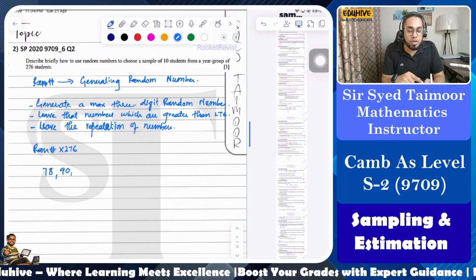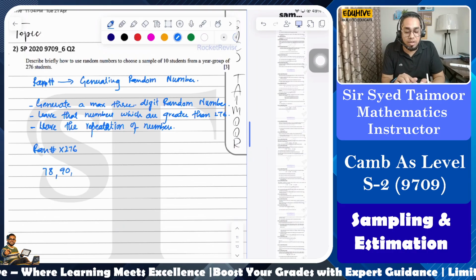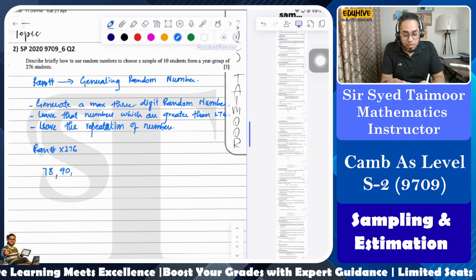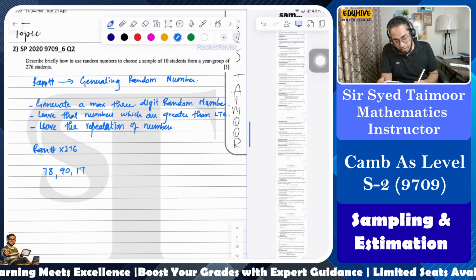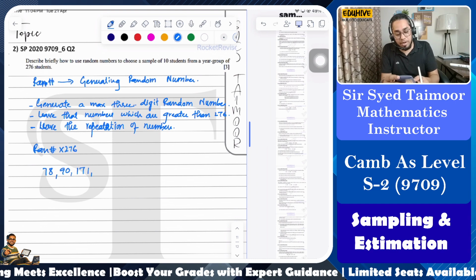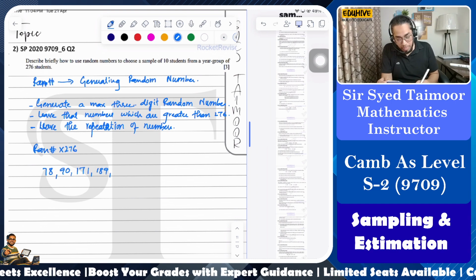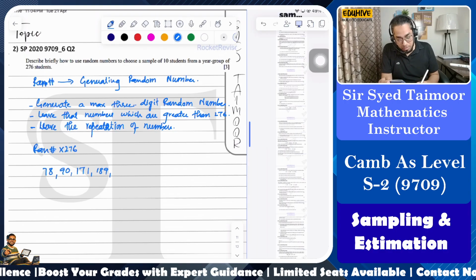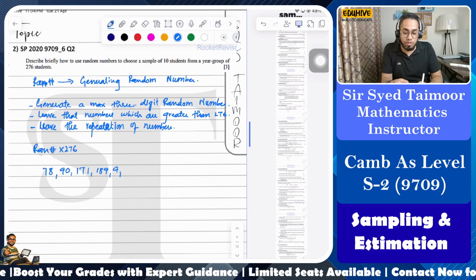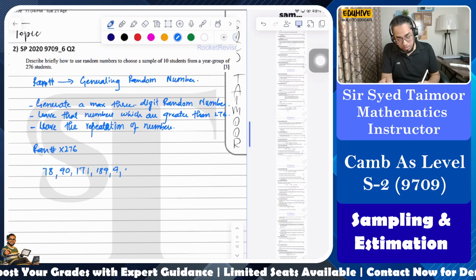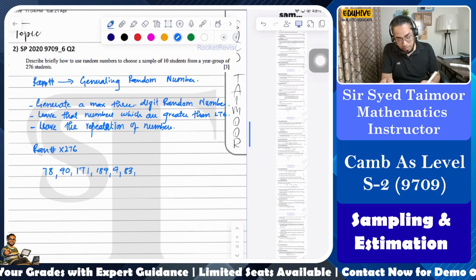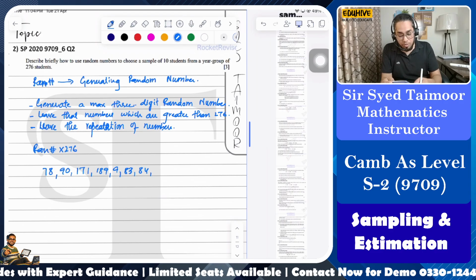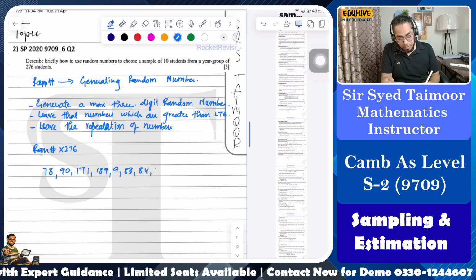I just convert into SD, press SD, and just pick out the integer value. Then I'm getting 171, then 189, then we will complete that one. 83, 84, 158.